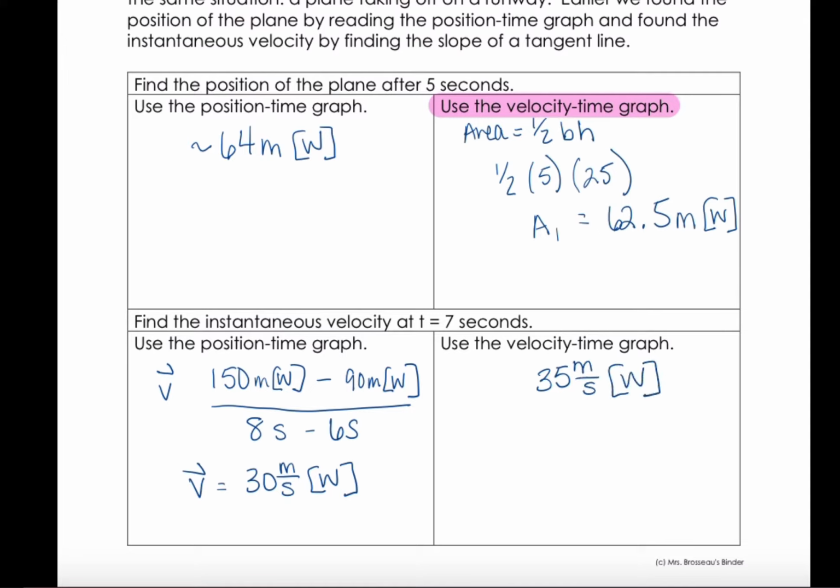Once again, the more accurate was the velocity versus time graph. Even though we calculated using the position versus time graph, it was an estimate because our tangent line obviously was not 100% correct. The tangent line is harder to make accurate compared to just reading the velocity versus time graph.